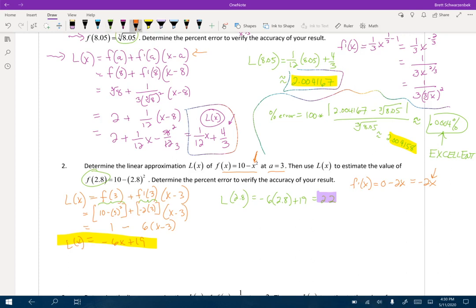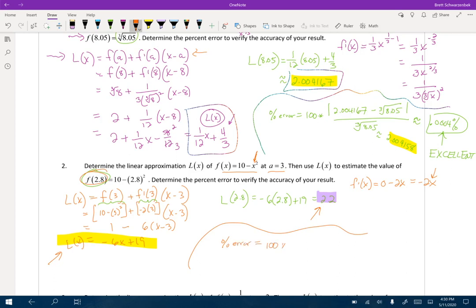Okay, so like I said, a lot of times they'll just ask for the linear approximation and then what the actual value of this is, we would be done. But if we want to find how accurate our approximation was, we can use percent error, which is going to be 100 times.